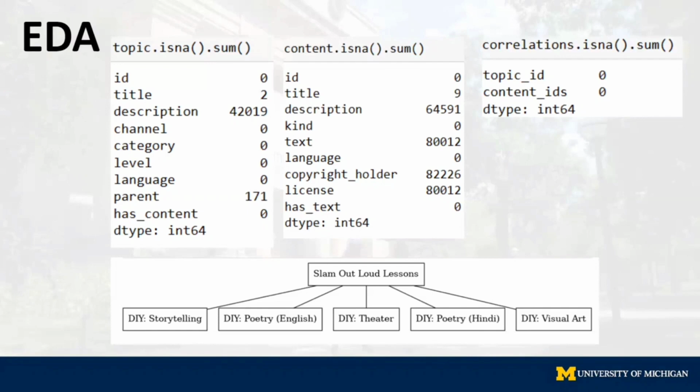We started our exploratory data analysis by finding out if there are any missing or misplaced values in each dataset. We can see many null values for description in both the content and topic datasets. While there are many null values present for the parent column as well in topic, it can be ignored for now, as our goal is to have recommendations for the topic instead of building a hierarchy.